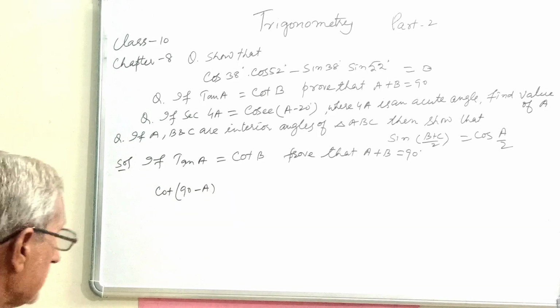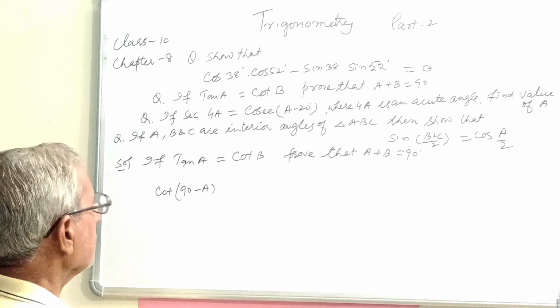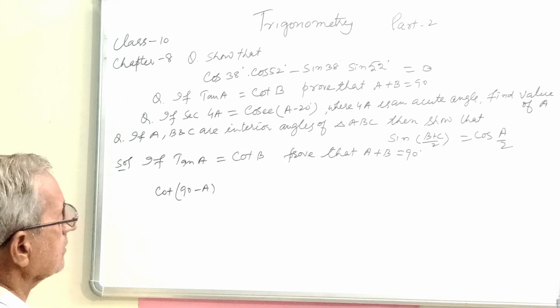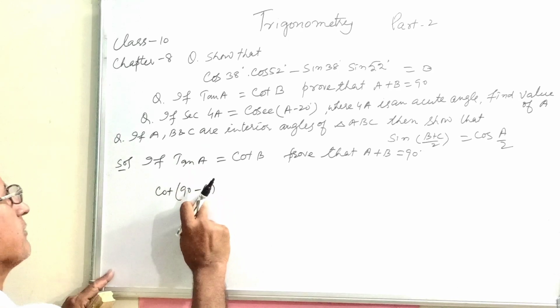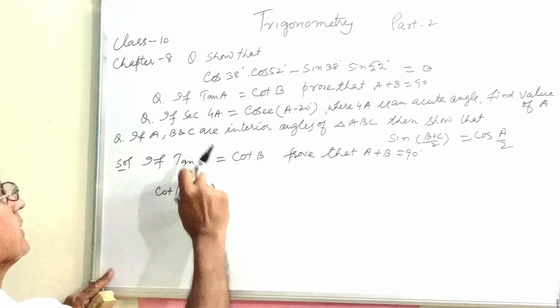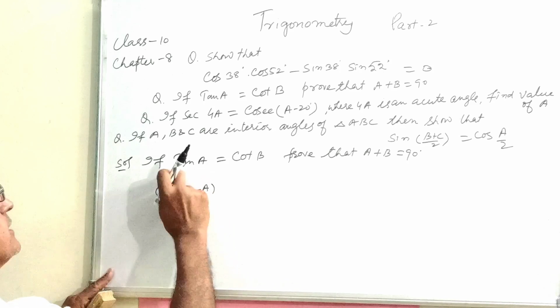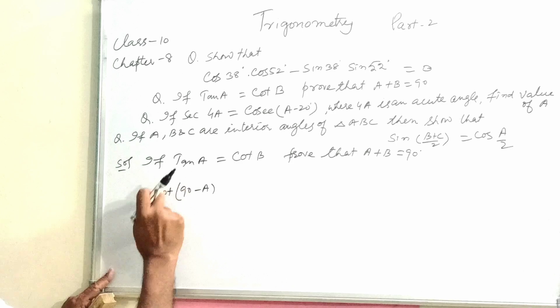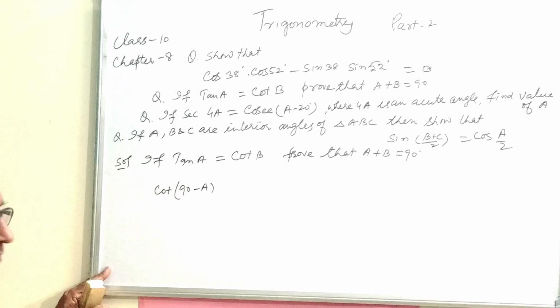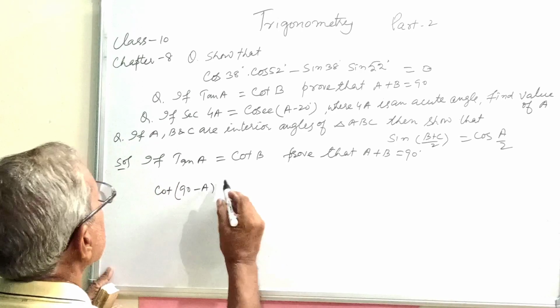because tangent theta is equal to cotangent 90 minus theta. So theta here is A. So in place of tangent I have written cotangent. The complementary of tangent is cotangent.